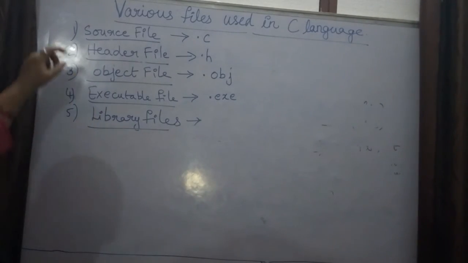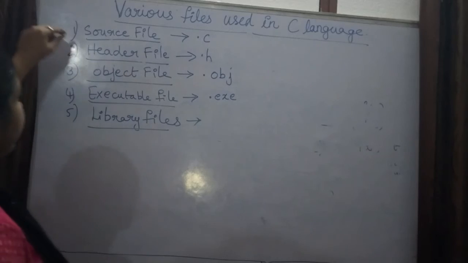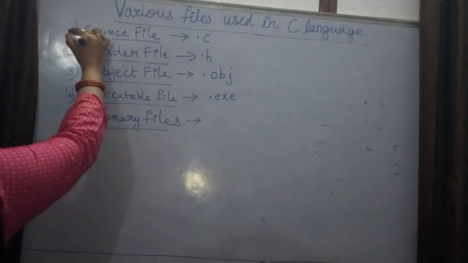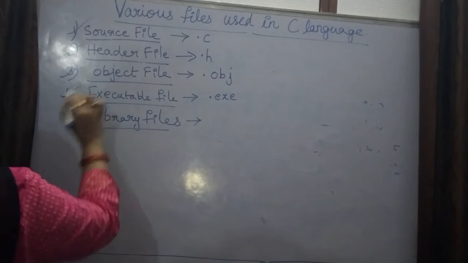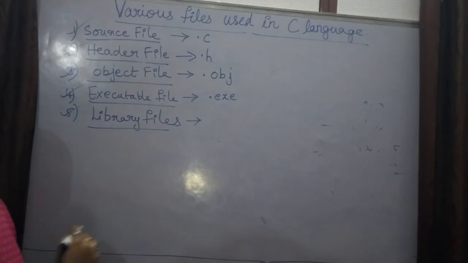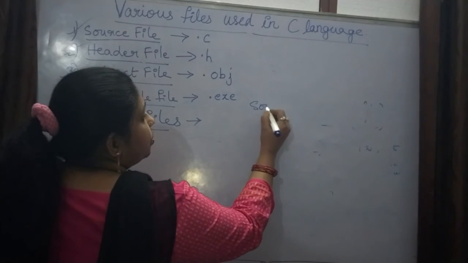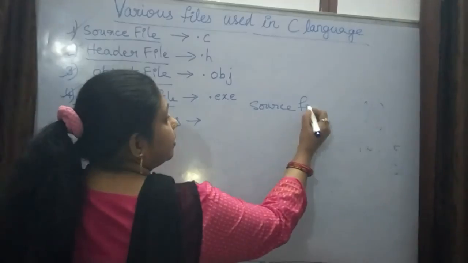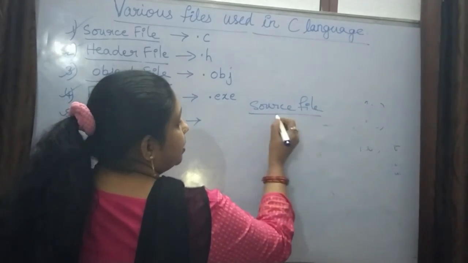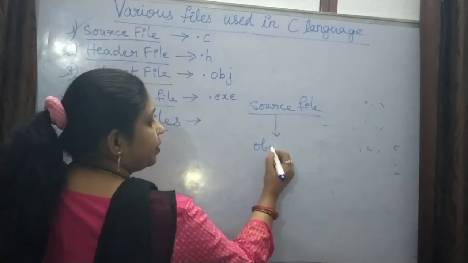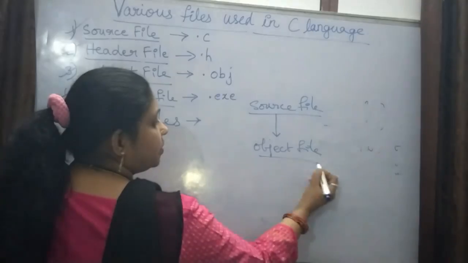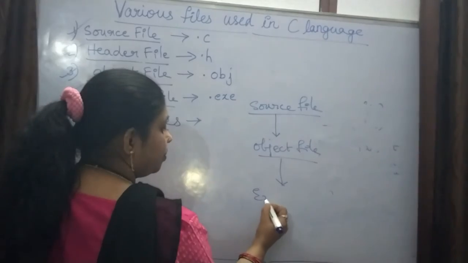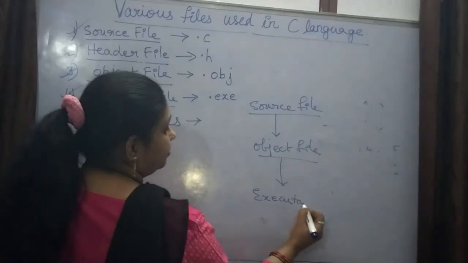You understood now? The various files used in our C language are the source file, header file, object file, executable file and library file. The source file changes to the object file, which changes to the executable file.